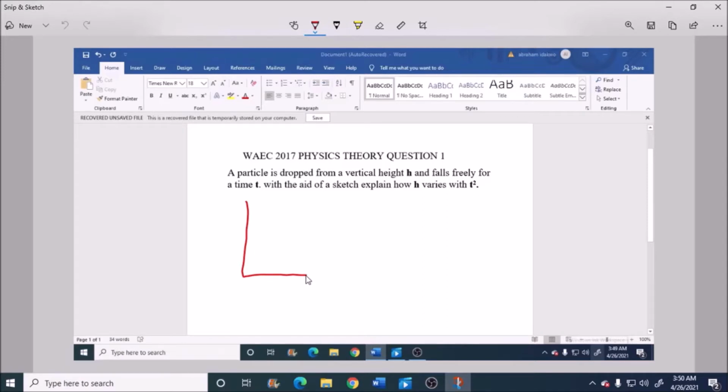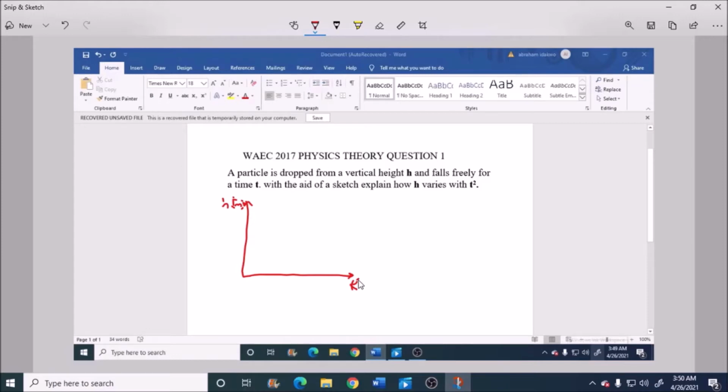The vertical height in meters is on the y-axis, and then the t squared measured in seconds is on the x-axis. Okay, now let's also have the origin of the graph, 0 0.